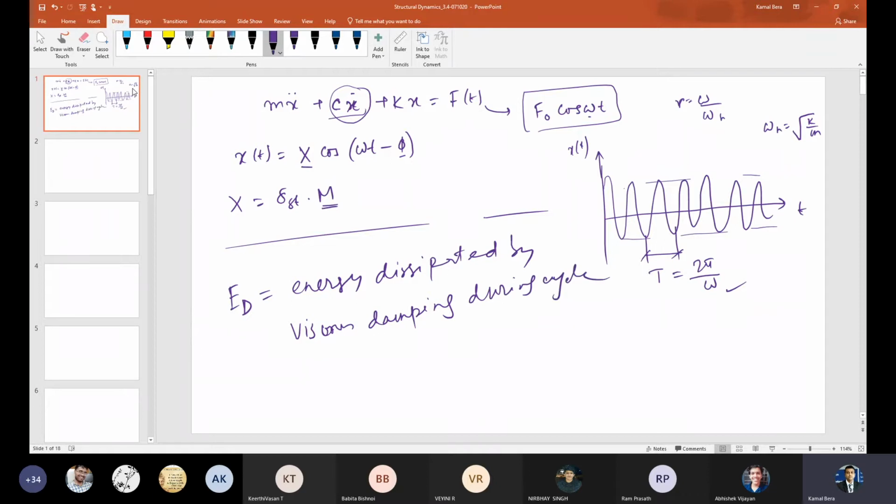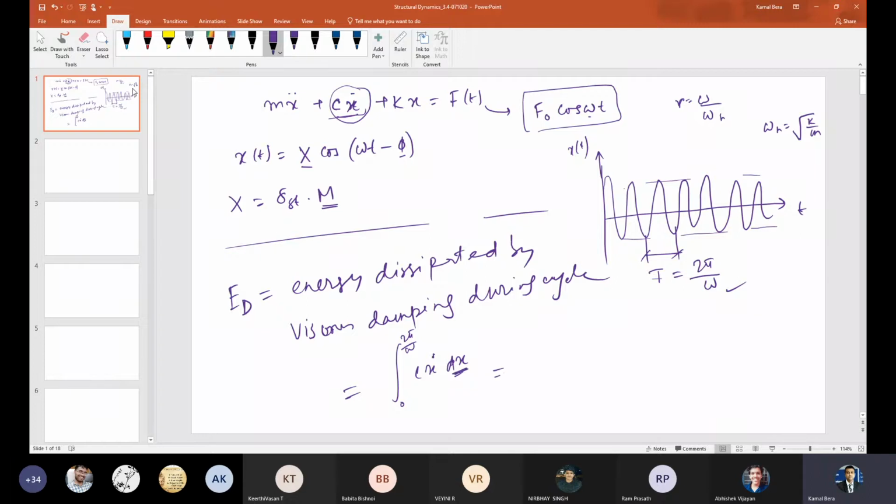What is that? You have already discussed, right? That is basically c x dot, the damping force, into dx, a differential displacement of dx. You have to integrate over that period, from 0 to T, where T is 2 pi by omega. For one cycle you want to find out how much energy is dissipated.